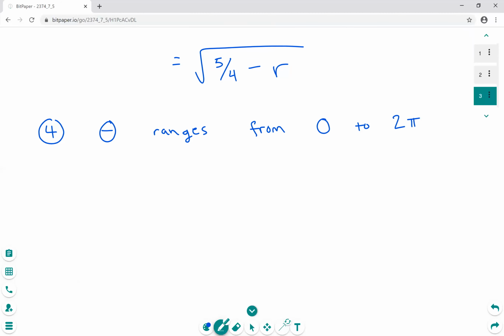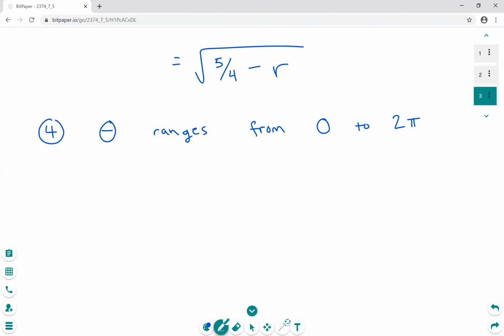And for r, well, r is just z. Okay, so z goes from 0 to 1.